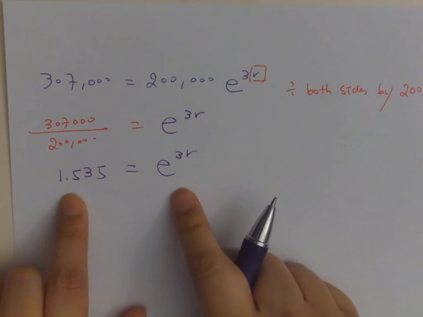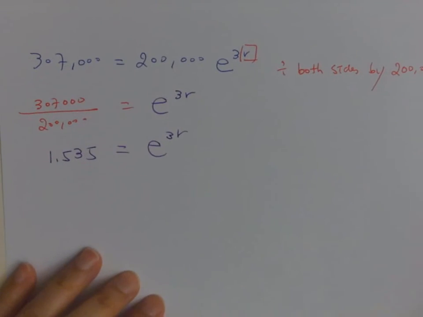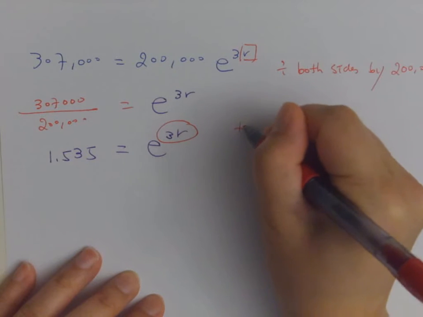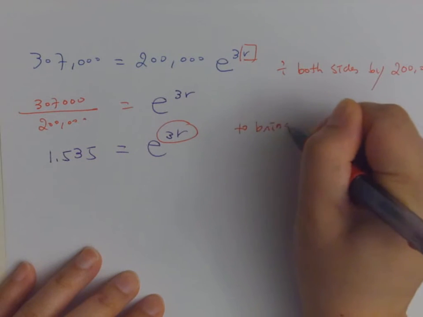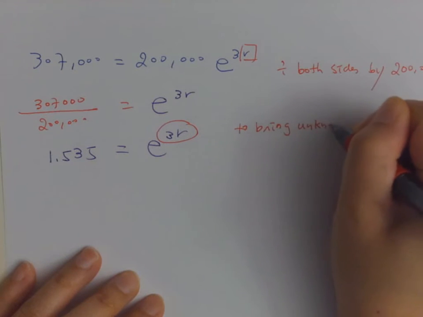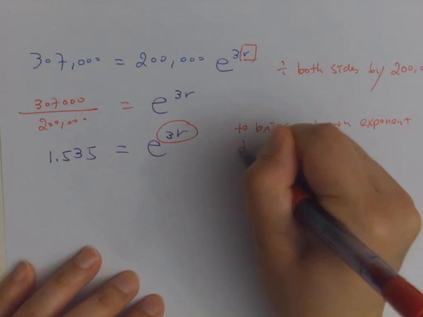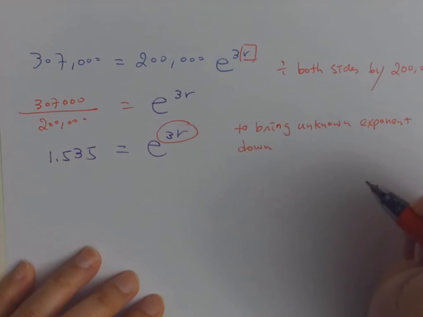So I cannot get both sides with the same base, and I need to somehow bring this down. So to bring unknown exponents down, I need to use the property of log, right?